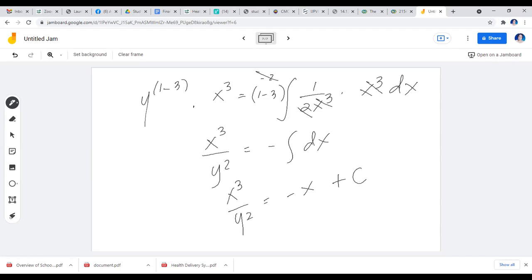Again, if you want to simplify, this is x cubed being equal to -x plus c times y squared, or write it properly.